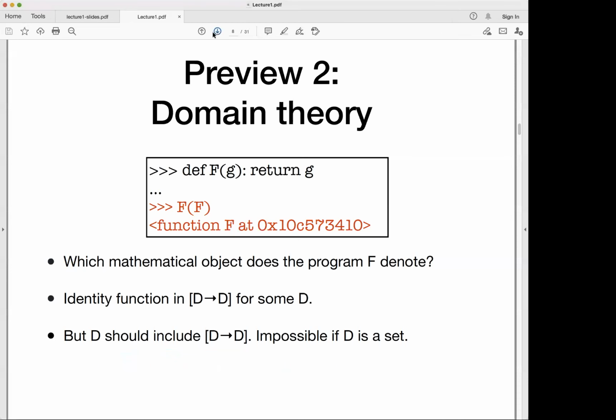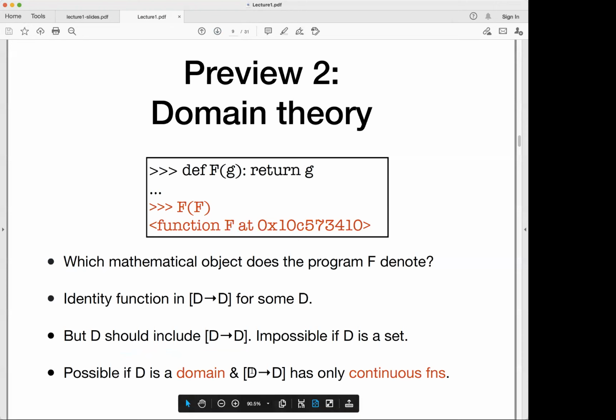Okay, so later we will learn something called a domain, which is a set together with some extra structure. And one thing that we will show is that if we assume that this function space D arrow D is not just arbitrary functions from D to D, but so-called continuous functions, which satisfy some extra properties coming from the domain structure of D, then we don't really have this problem.